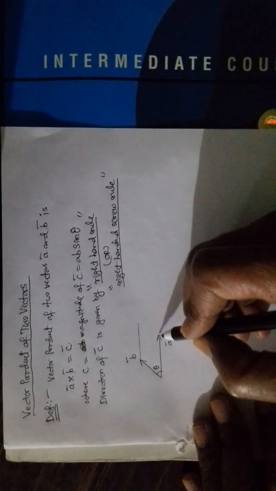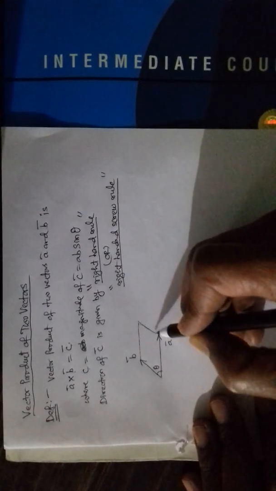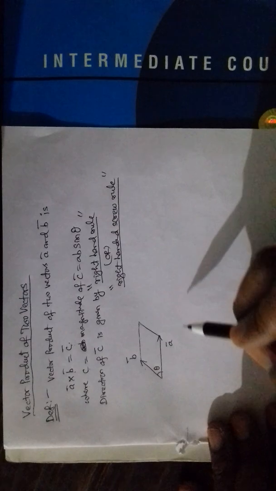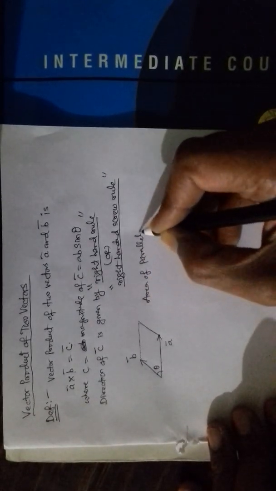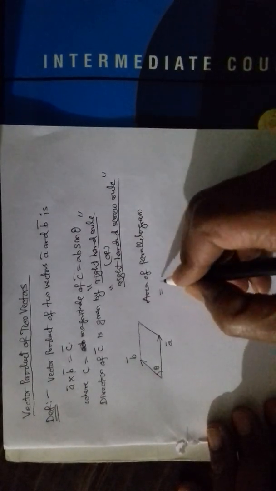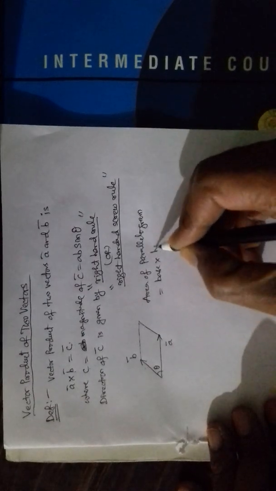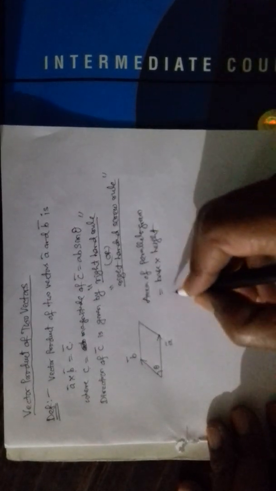See, now let us complete the parallelogram. For the parallelogram, A and B vectors are adjacent sides. Now let us find its area. Base into height, this is the formula. Base is A. This is height.